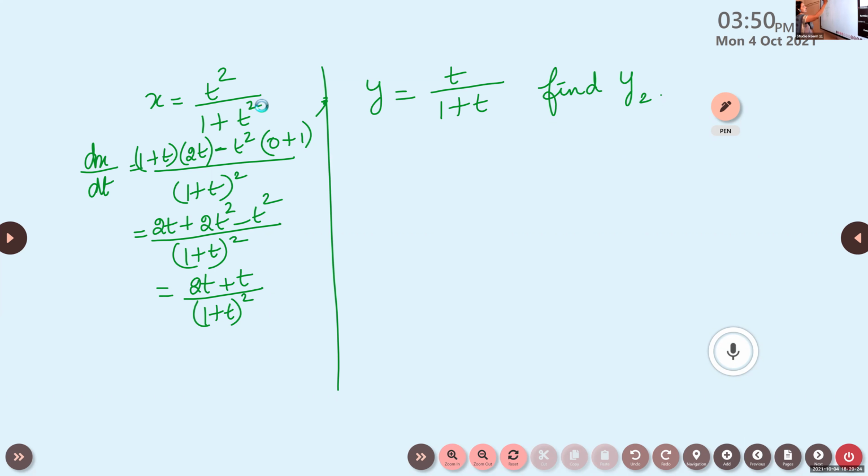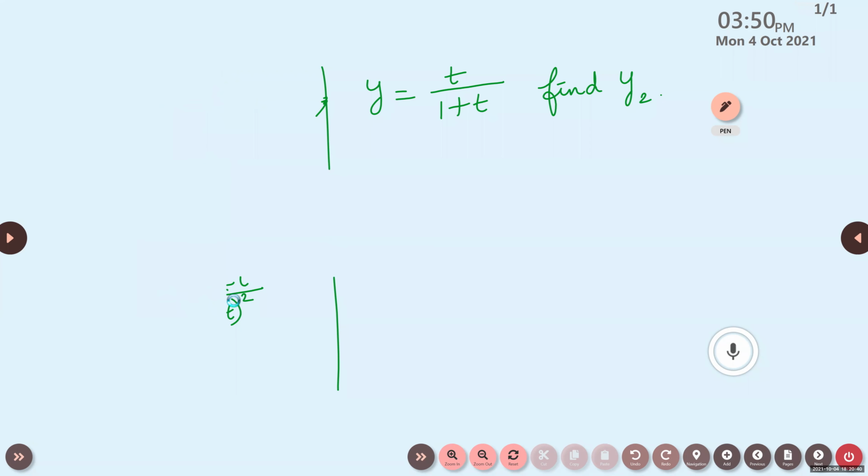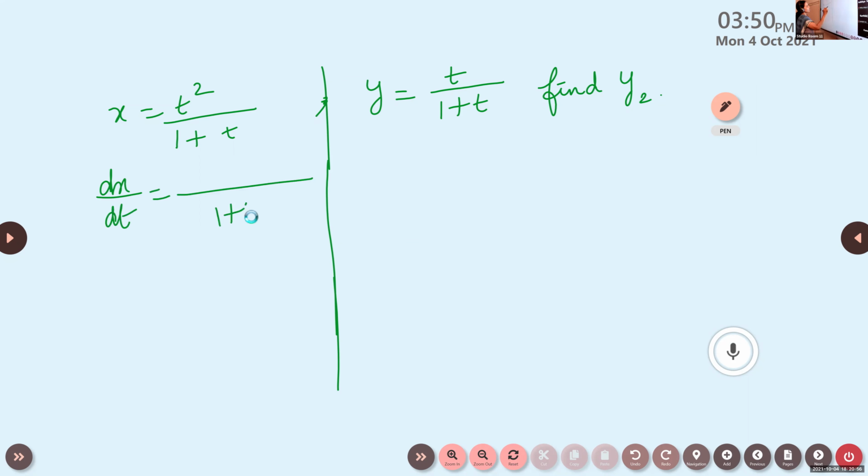Okay, then the numerator is 2t plus t square, the final answer. dx by dt is 1 plus t the whole square.